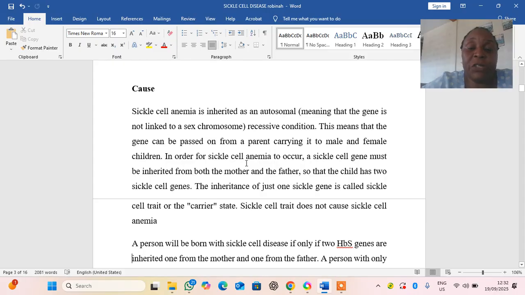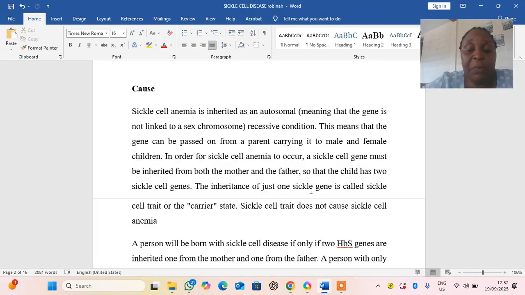But for the child to be a sickler, this child must inherit the gene from both the mother and the father to get a double recessive gene. But if the child got only one gene from either of the parents, it means the child has a sickle cell trait.